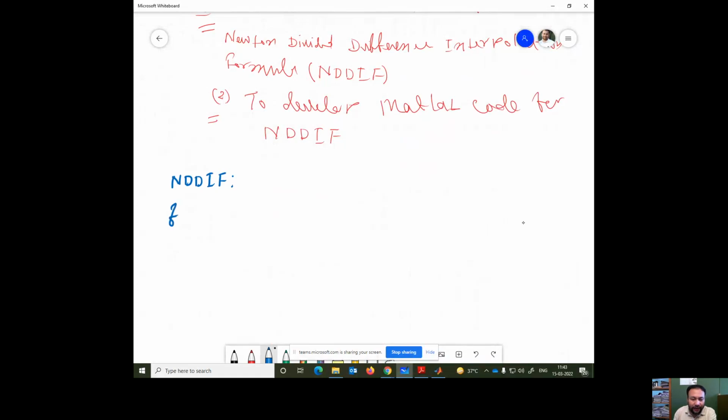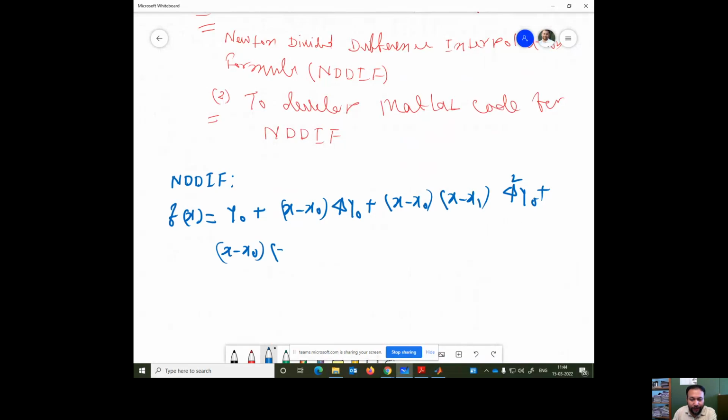The formula was: f of x is equal to y naught plus (x minus x naught) delta y naught plus (x minus x naught)(x minus x1) delta square y naught plus (x minus x naught)(x minus x1)(x minus x2) delta cube y naught, and so on up to n terms, up to (x minus x naught) ... into (x minus x n minus 1) delta n y naught.